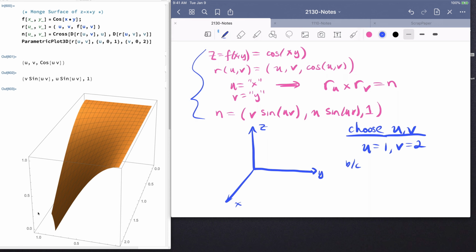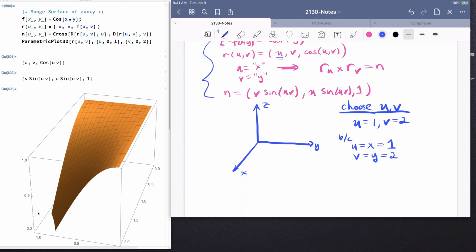Because we know from the Monge parametrized surface that U is in the X position, U is equal to X, we can also know then that X is equal to 1. And because V is equal to Y, V will also be equal to 2, and Y is equal to 2. Okay, so this is what we know is going on in the xy plane.